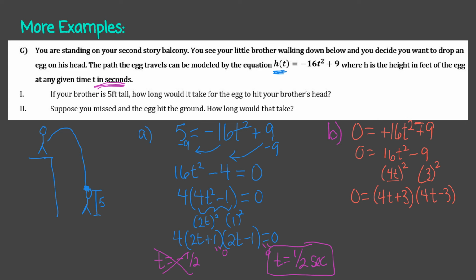So when I set both of those equal to 0, I would have t equals, so I'd have to subtract 3 and then divide by 4. And then I also have t equals add 3 and divide by 4. Again, the negative 3/4 doesn't make sense in the problem, but 3/4 does, so it is 3/4 of a second until it hits the ground.